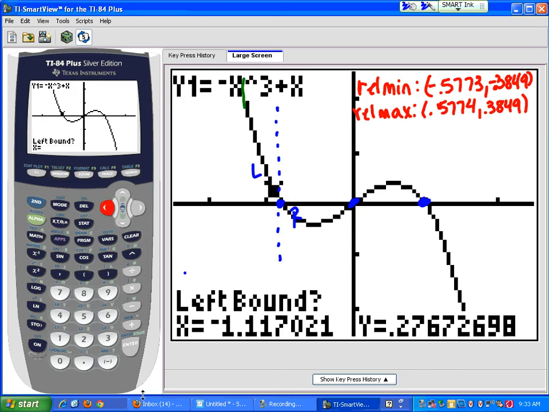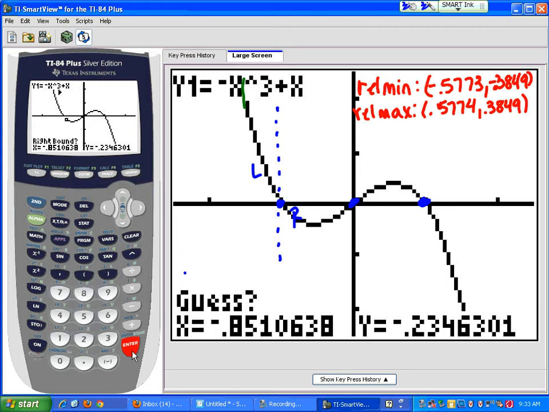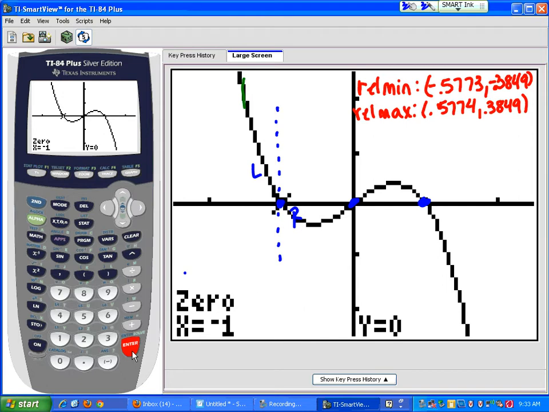So left bound, enter. Right bound, enter, and then enter on guess. Notice that my two arrows are in between where my point is for my intercept. So that's what it should always look like. So then enter. So I get an x-intercept of x equals, in this case, -1.